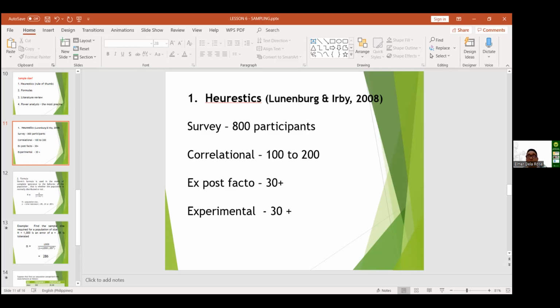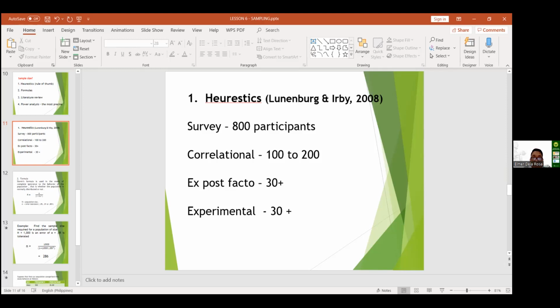O, kunwaring survey. So, sa research, if you're doing a survey, you have to have at least 800 participants. That's a lot. Kasi, survey eh. Okay? Pag correlational lang analysis, simple correlation, o kaya regression analysis, then you do the study involving at least 100 to 200 participants.